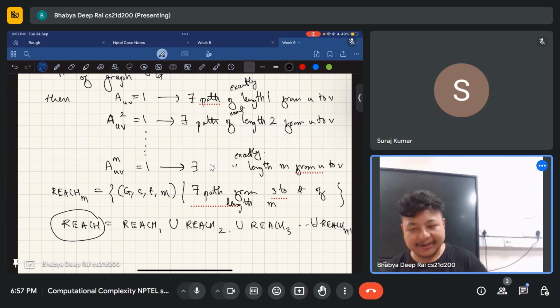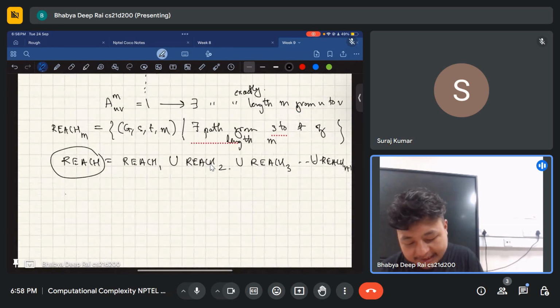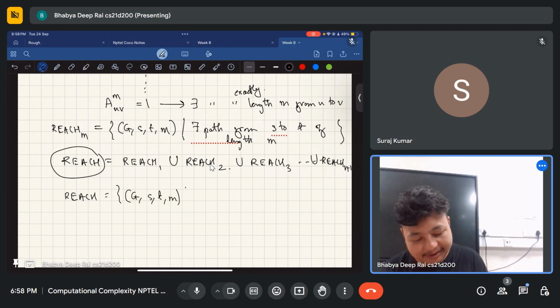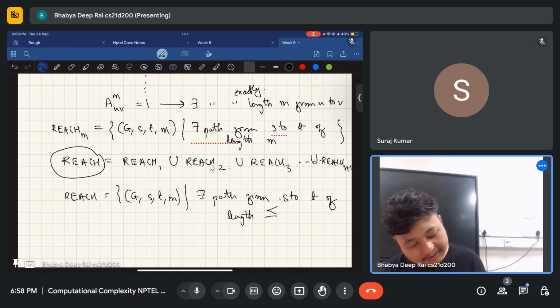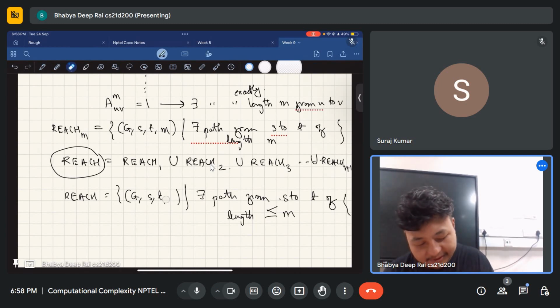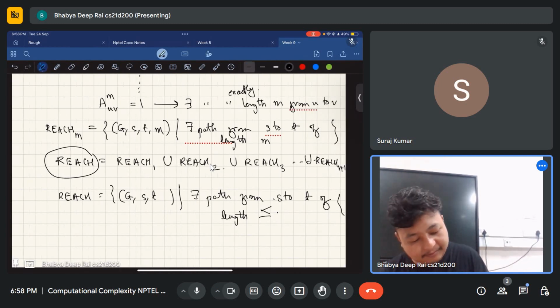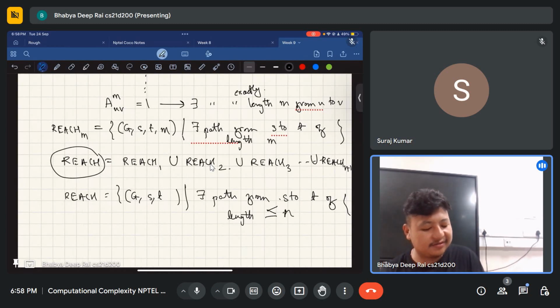If it was at most, then it's fine, right? Because I can even say reach as the following. Another formulation of reach is: G, S, T such that there exists a path from S to T of length at most N, or N minus 1, whatever, where N is the number of vertices. This is reachability, right?